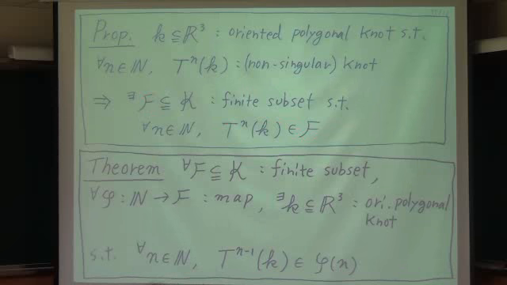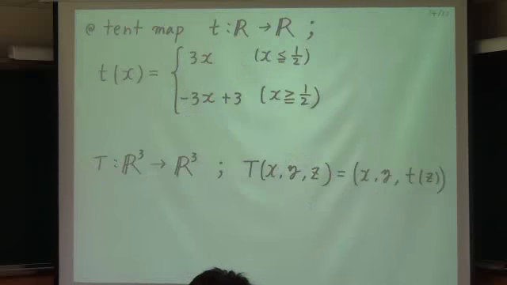This is because T is identical for x and y, so if we have some polygonal knot in R^3 and map that knot by T, these two knots have the same xy projection.